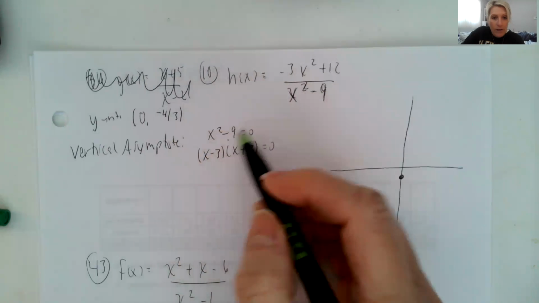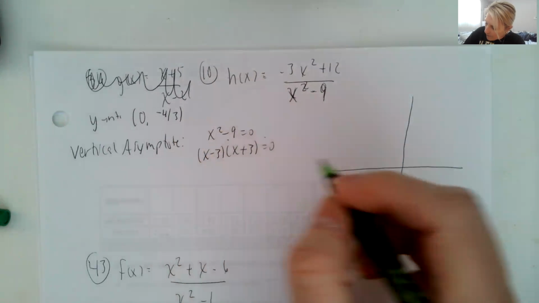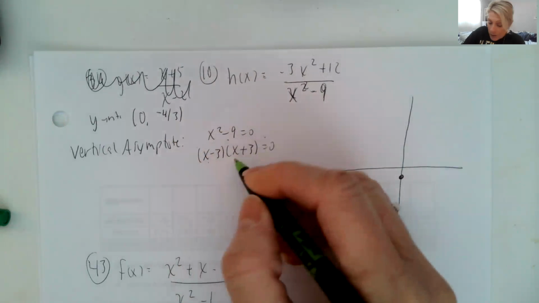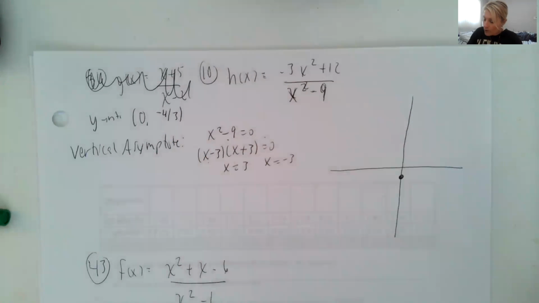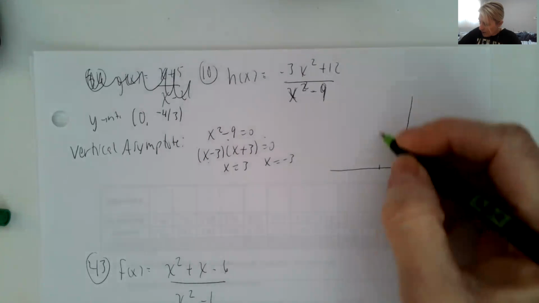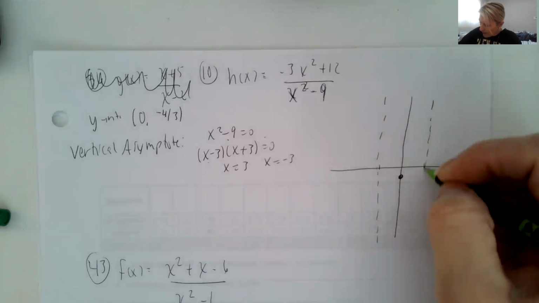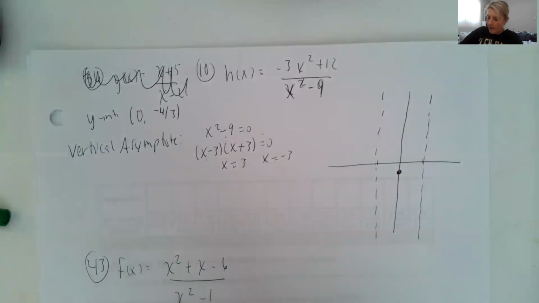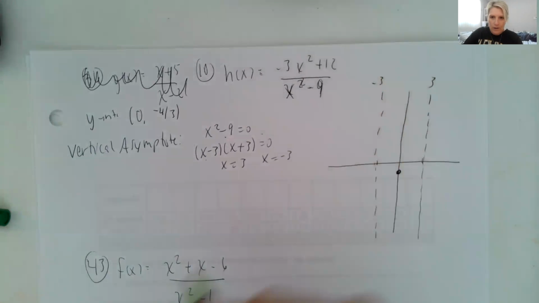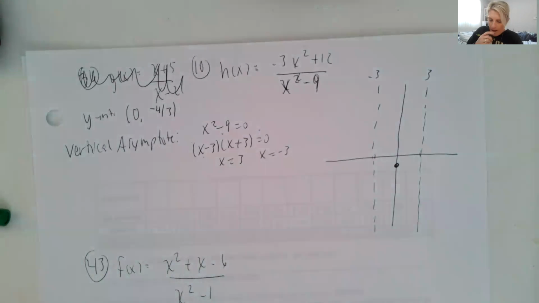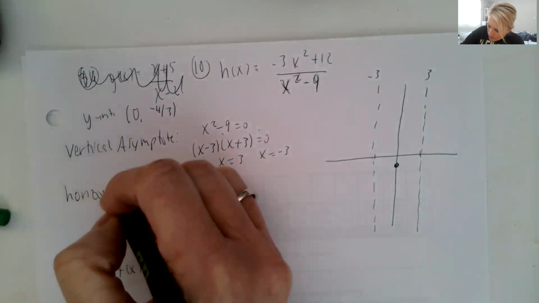You could also move the 9 to the other side and take the square root. So you're going to have two vertical asymptotes, at -3 and 3. Pretty cool. Let's see what's going on in between there. And then we are going to look to see if we have a horizontal asymptote.